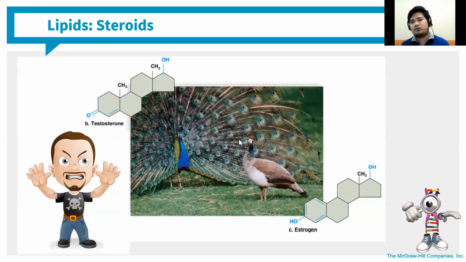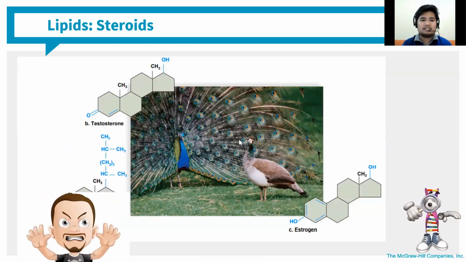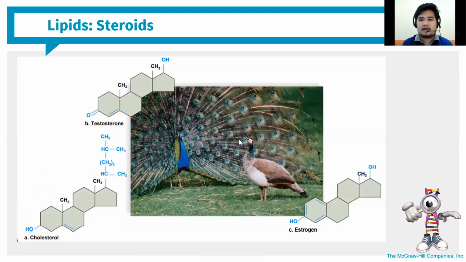Kapag narinig natin cholesterol, parang pangit agad ang ating pandinig. Negative agad siya, diba? Pero hindi natin alam, si cholesterol ay siya yung precursor. Ibig sabihin, siya yung main ingredient na kailangan para ma-synthesize yung mga hormones na kailangan natin like testosterone and estrogen.